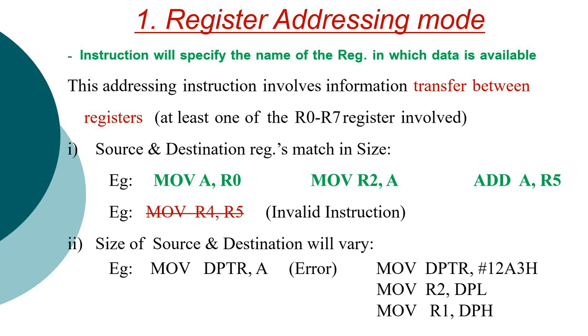It could be the A register or B register or the registers ranging from R0 to R7. For example, MOV A, R0. What does it mean? The content of R0 will move to the accumulator. And there is an invalid instruction, where one of the operands must be an accumulator.